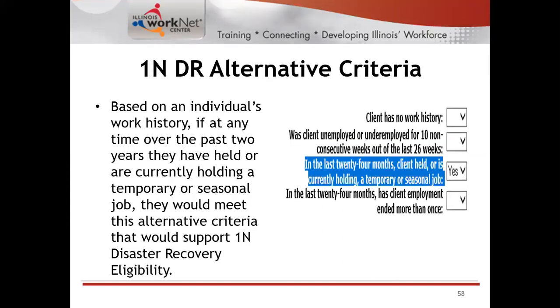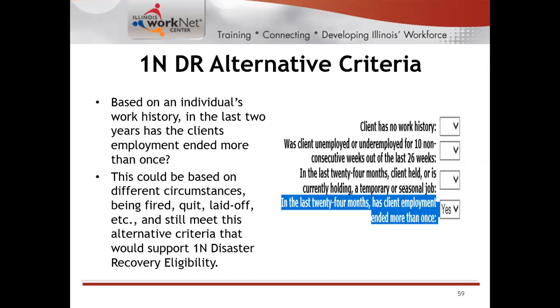In the last 24 months, the client held or is currently holding a temporary or seasonal job. So again, somebody working part-time, somebody whose job is not their real, full-time, forever job. It's just what they're doing right now because that's what they need to do. And then the last one is: in the last 24 months, has the client's employment ended more than once?